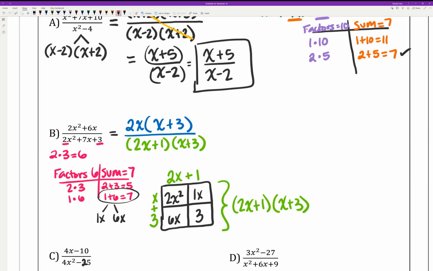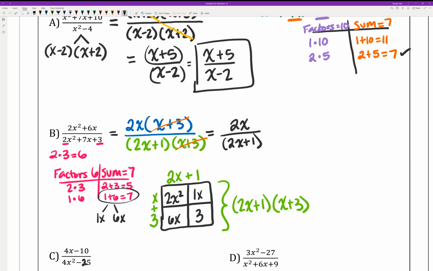And if you look and see, we have an x plus 3 in parentheses on the top and an x plus 3 in parentheses on the bottom. So those two expressions will cancel out, and we'll be left with 2x on top over 2x plus 1.